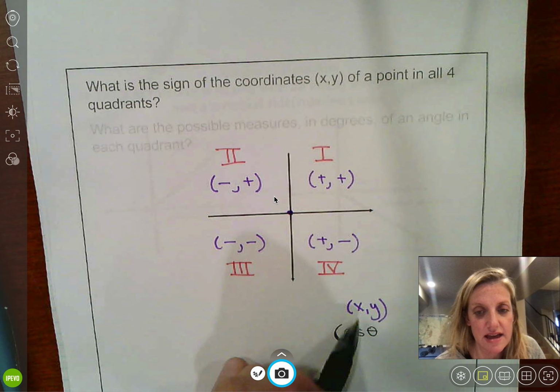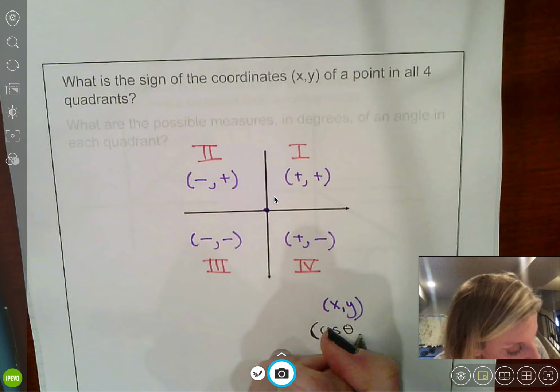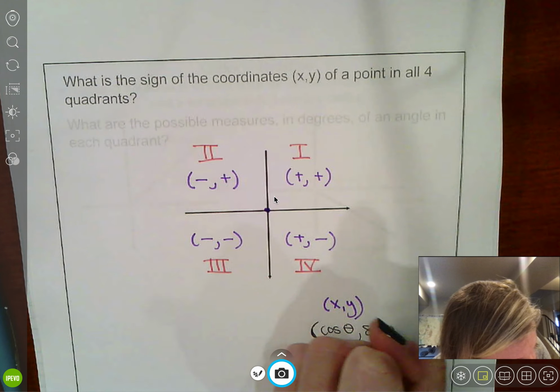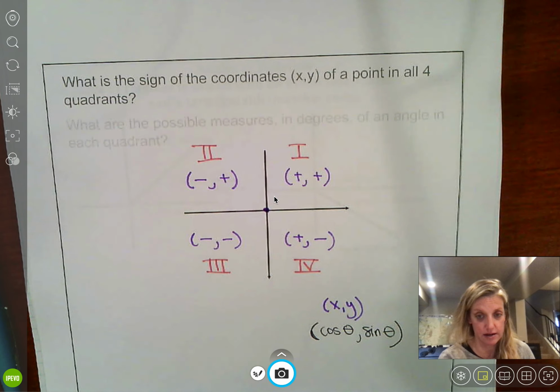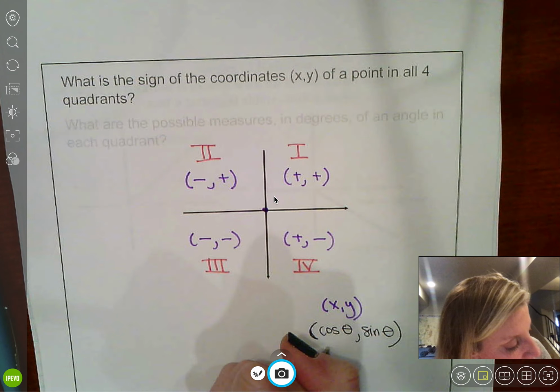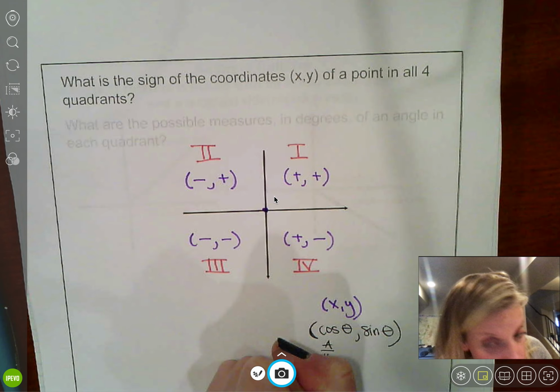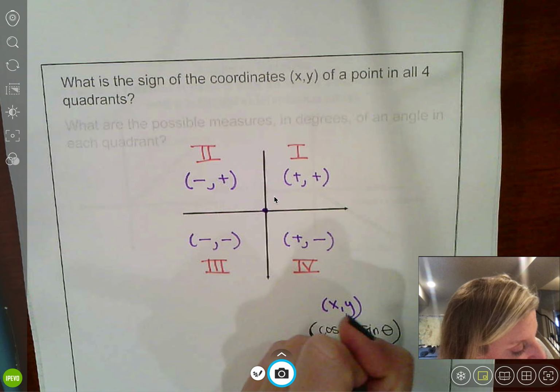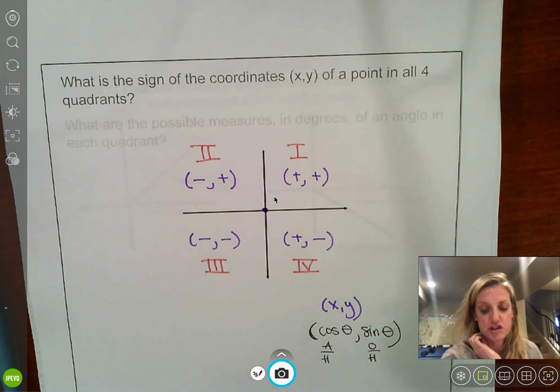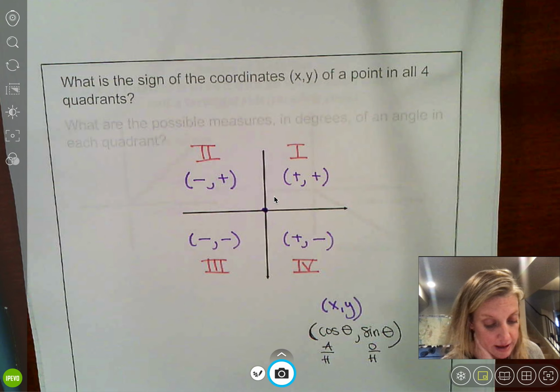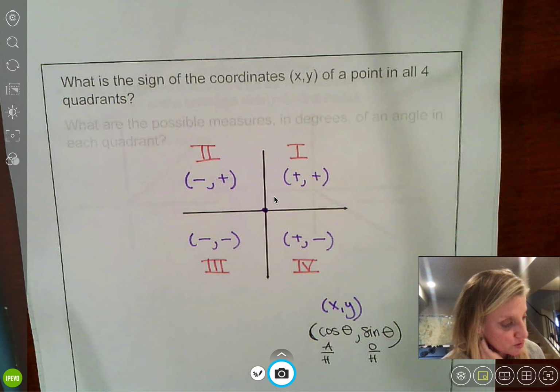So when you see the x value, you start thinking cosine, and the y value has to do with the sine of angles. And you'll remember that cosine is defined as adjacent over hypotenuse, and sine is defined as opposite over adjacent. These are all some things that will help us moving forward.